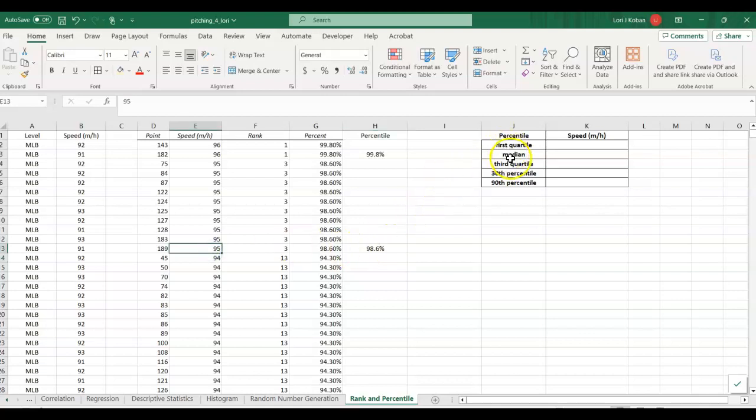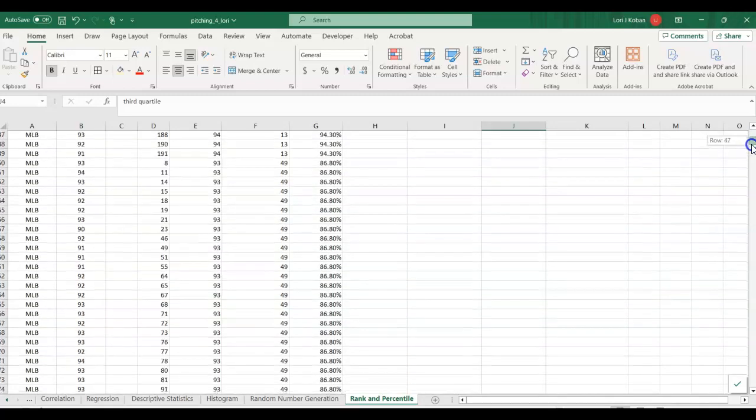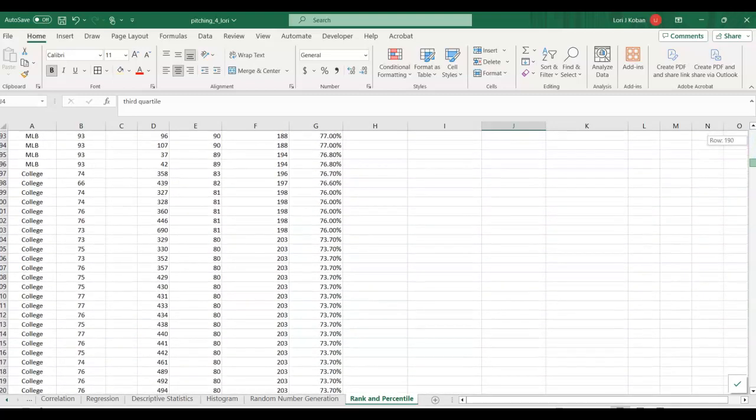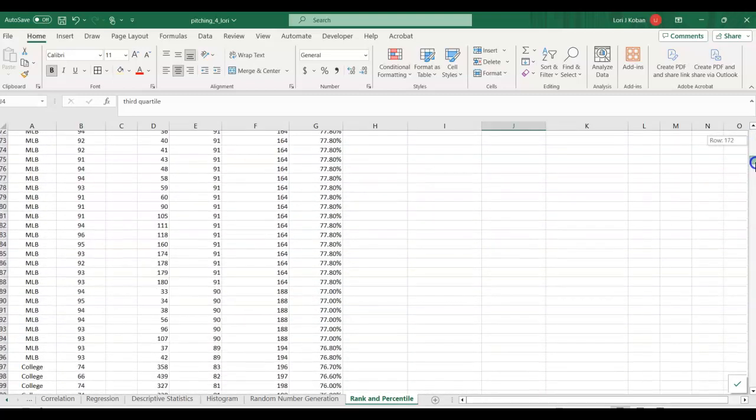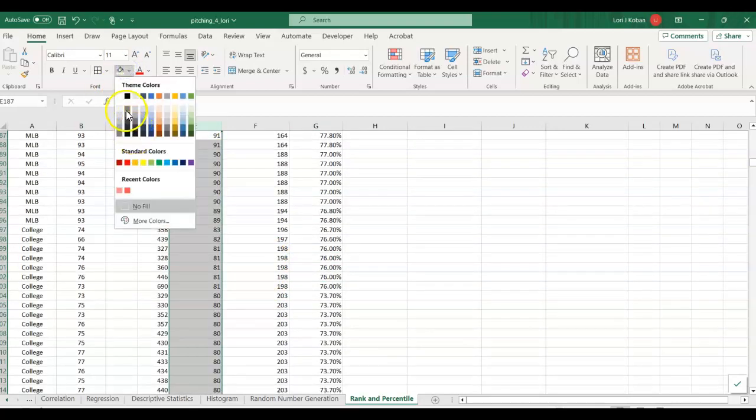Now, let's look at the third quartile. The third quartile is bigger than 75% of the data. So I'm not going to find 75, but I have the number 81. I just want to highlight this. This contains our data.